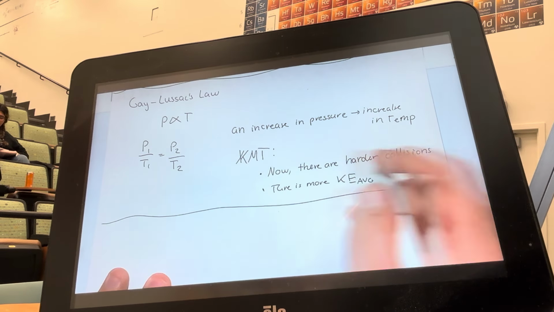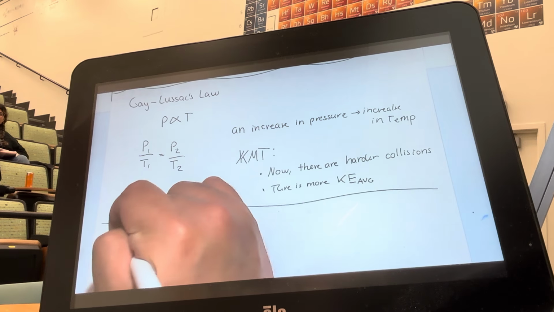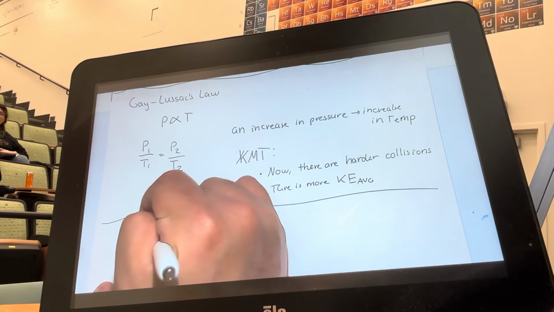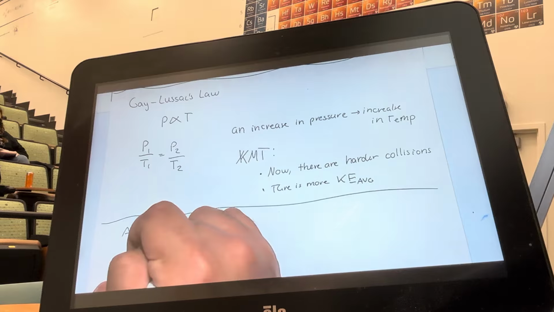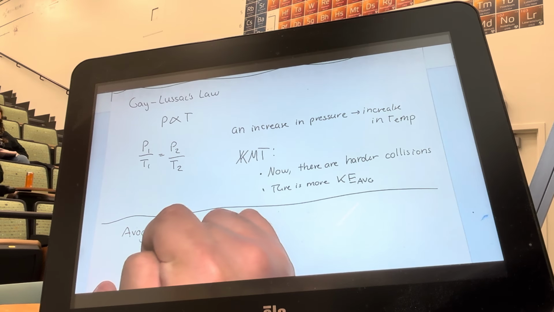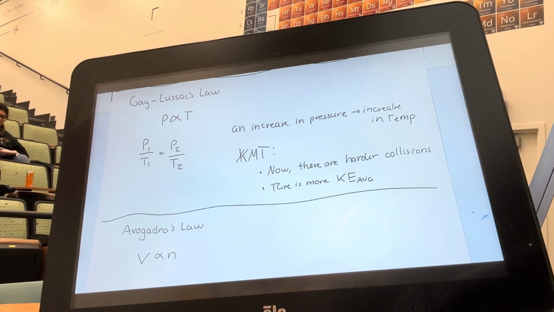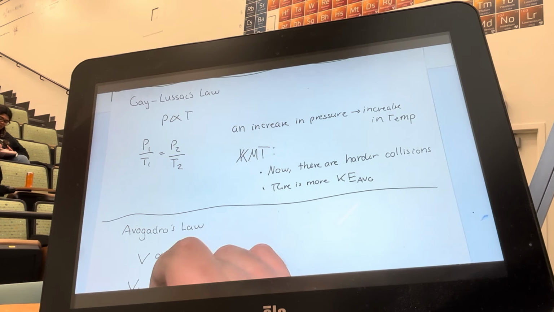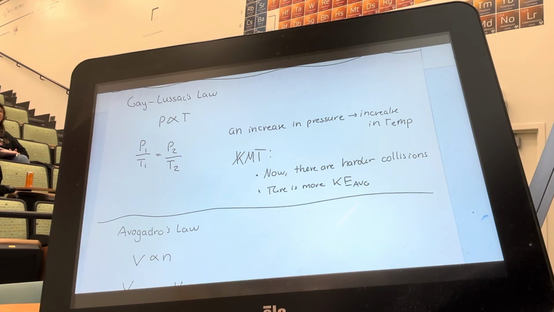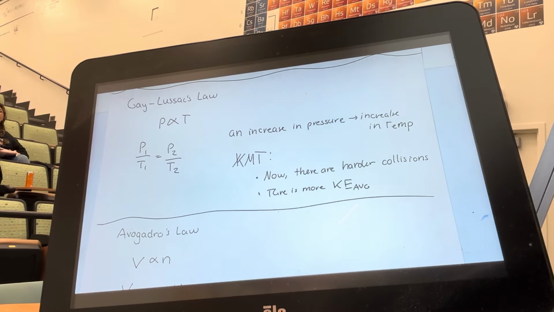And then finally, probably the most boring one is Avogadro's law, which states that the volume and the moles of gas are proportional. Okay, and this is V1 over N1 equals V2 over N2. And so this one can be used often.